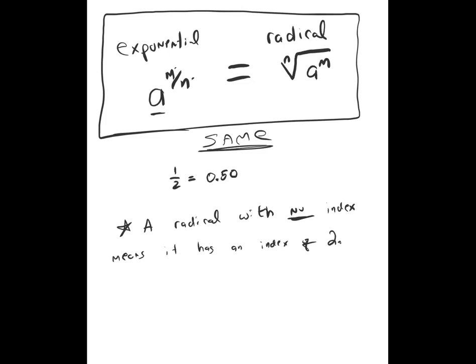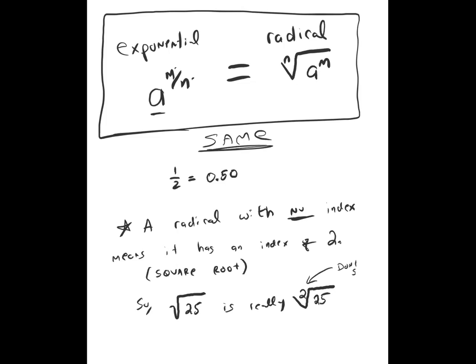Or in other words, it's the square root. So the square root of 25 is really this 2 and the 25. But normally, we don't show it. We just show the index of 3, index of 4, index of 5, and so forth.